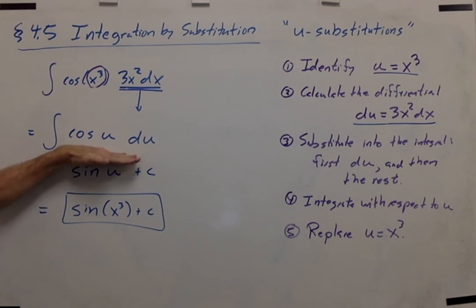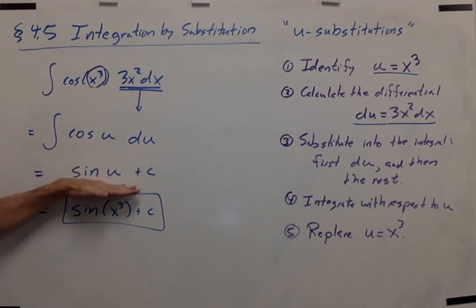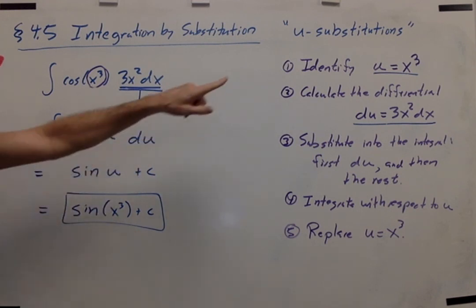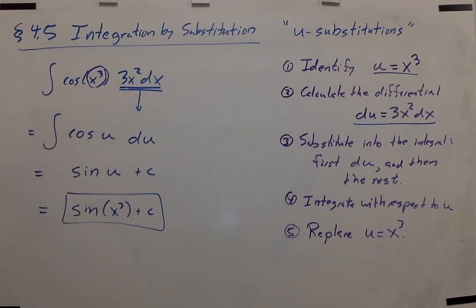So all the x's are gone, and now you have an integral with respect to u. Usually, if you're doing things correctly, then this integral is going to be simpler looking than the one that you started off with. You find the antiderivative, and then finally, you substitute your u back in for x. You replace the u's with the equivalent expressions involving x.